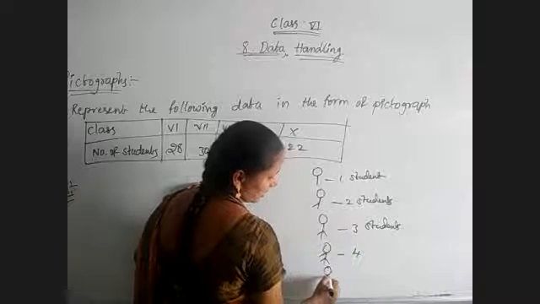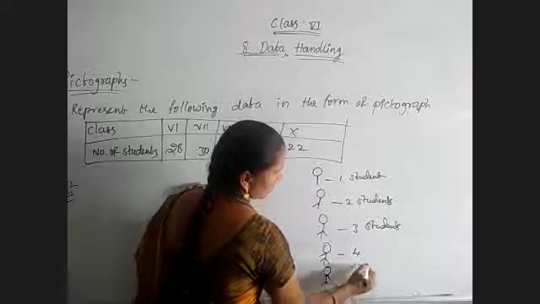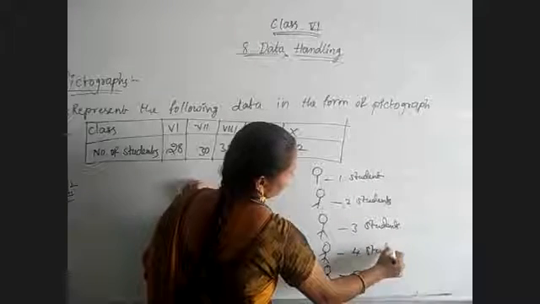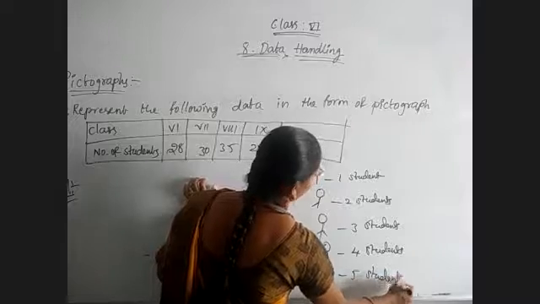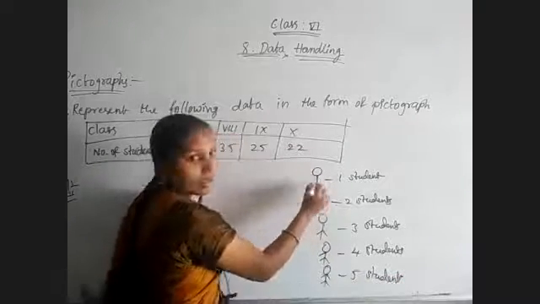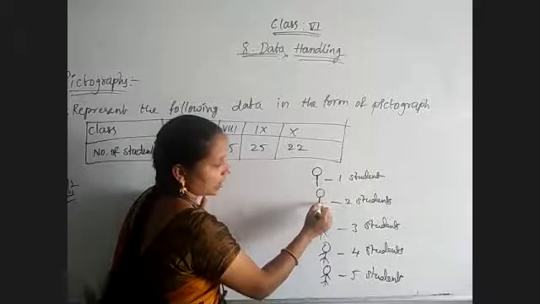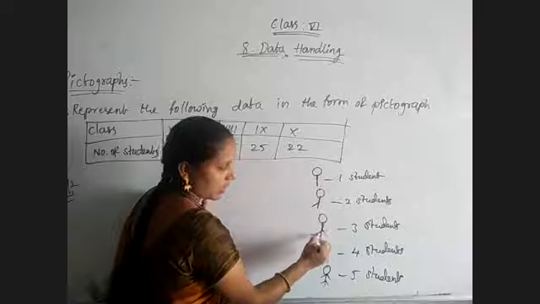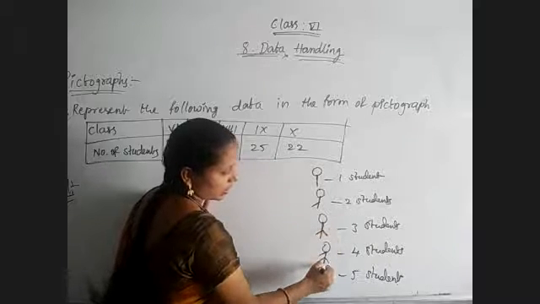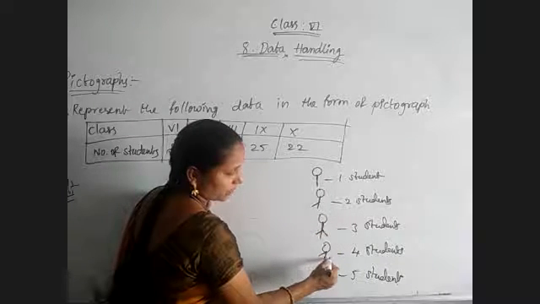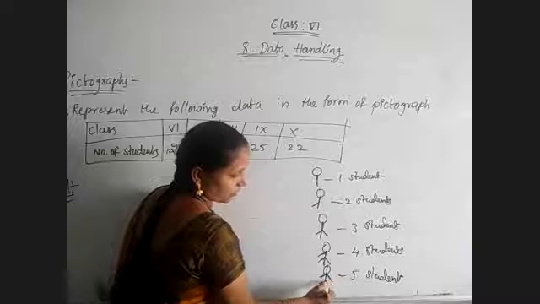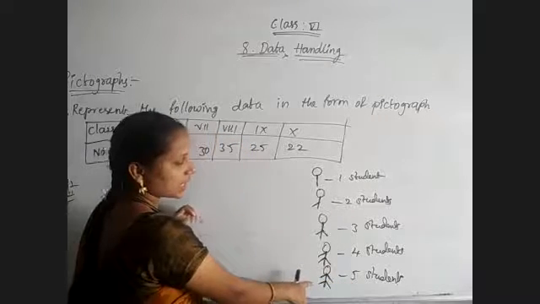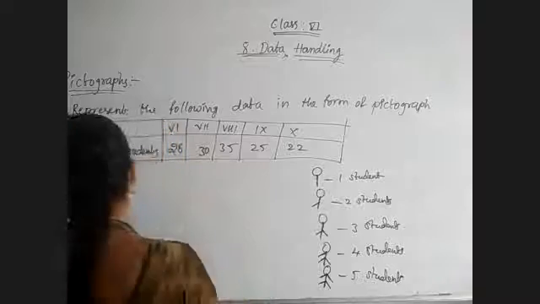And it is 5 students. Just listen. 1, okay? 1 student, and 1, 2, 2 students. 1, 2, 3, 3 students. 1, 2, 3, 4 students. 1, 2, 3, 4, 5, 5 students. Means each symbol is representing 5 students like that.